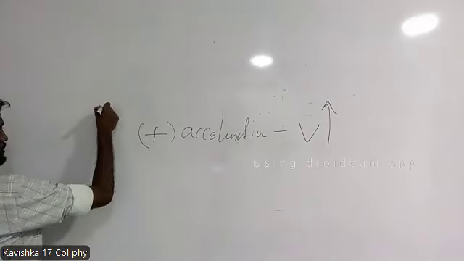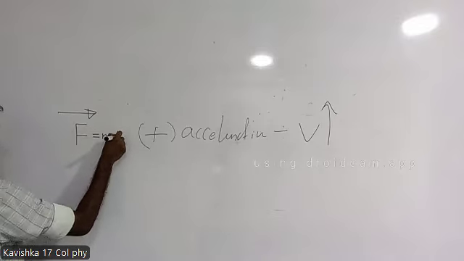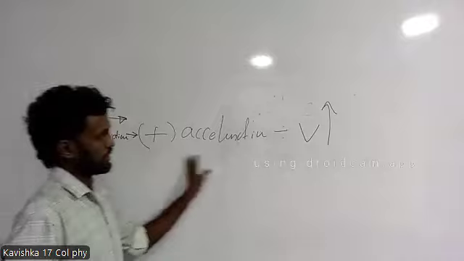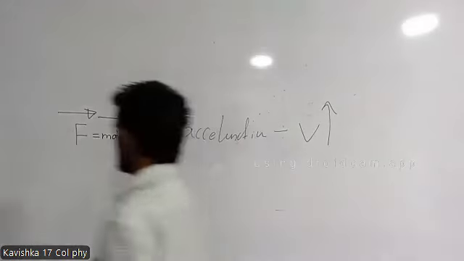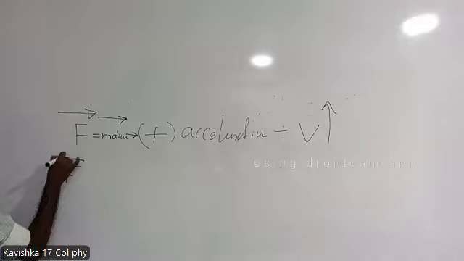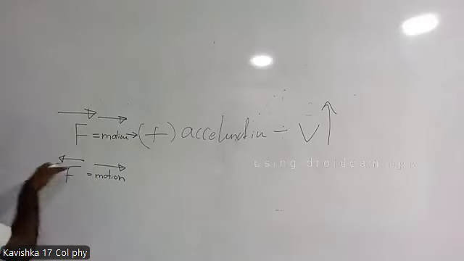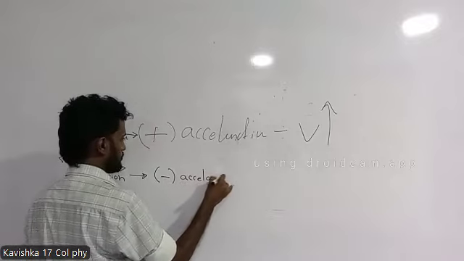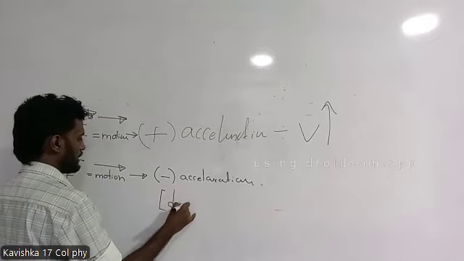This happens when the unbalanced force is in the direction of the motion. The force and the motion direction are the same, so there is positive acceleration, and velocity increases. But if the unbalanced force is against the motion, the object moves in one direction but the force acts in the other direction. Then it will be a negative acceleration, or we call that deceleration.